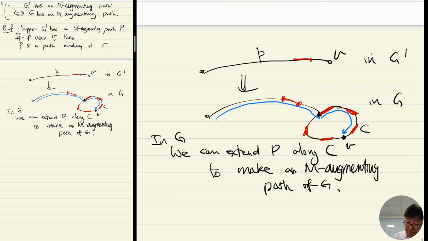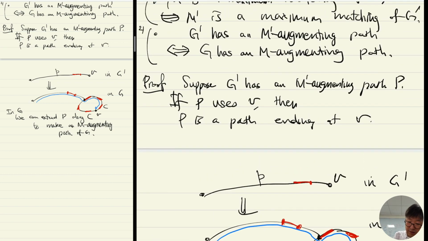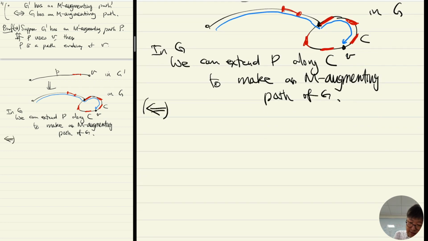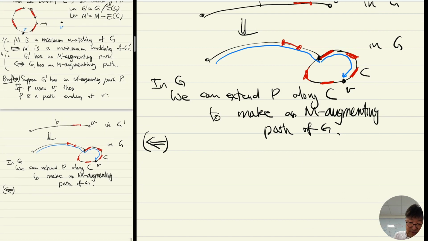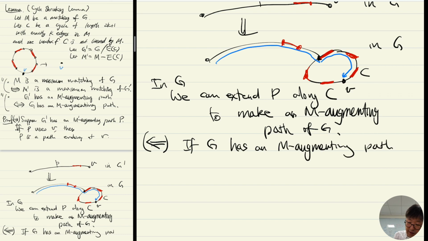Okay. Now what about the other direction? So if G has an M augmenting path P, right?